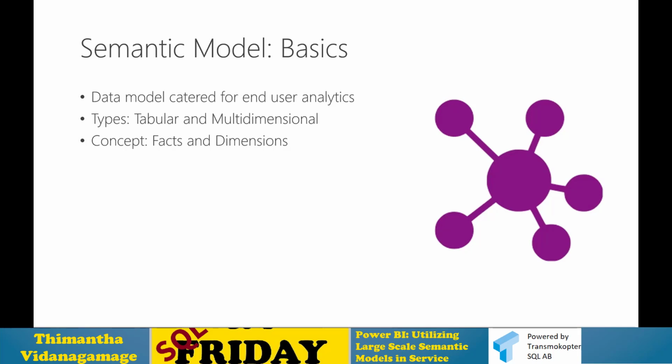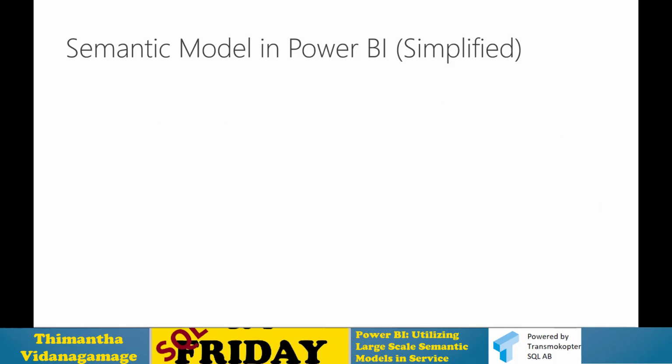So let's move into semantic models in Power BI. What I'm going to show you now is basically the story of a semantic model in Power BI, how the semantic model works in a simplified way.